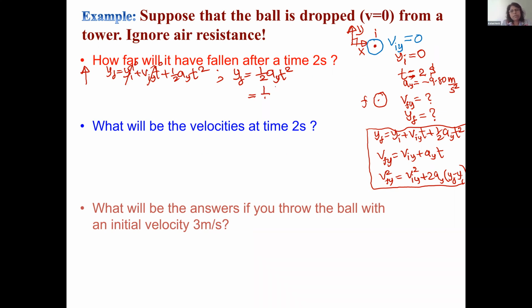Half acceleration, make sure that you use the sign correctly, 9.80, and time is 2 seconds and power 2. And then you're going to calculate the Y final. Definitely I will get a negative value because your Y final is now in the downward direction. So now this will be basically 2 times 9.8. That will be around 19.6 in units of meters.